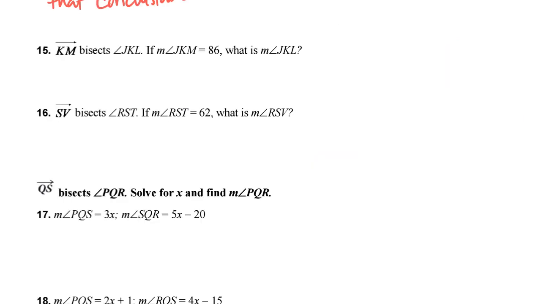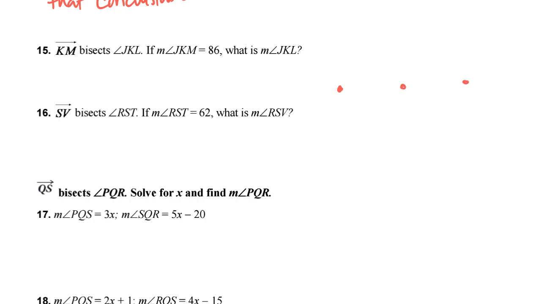I'm going to go ahead and do number 15. We know that ray KM bisects angle JKL. The measurement of angle JKM is 86 degrees. What is the value of JKL? So I'm going to draw the angle here. And I was just thinking about it for a minute. It's almost, not quite, but it's almost 180 degrees.